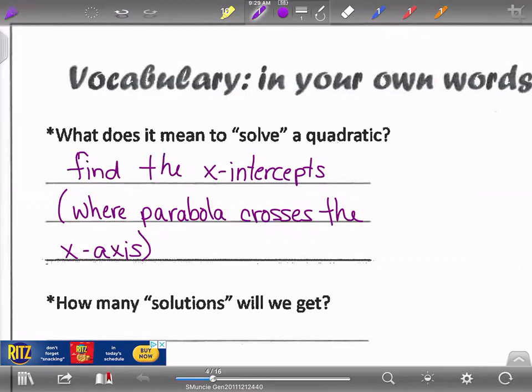Mm-hmm. Which is the right one, not 4. Here, and we'll do 2, 2, right, 2, 1.